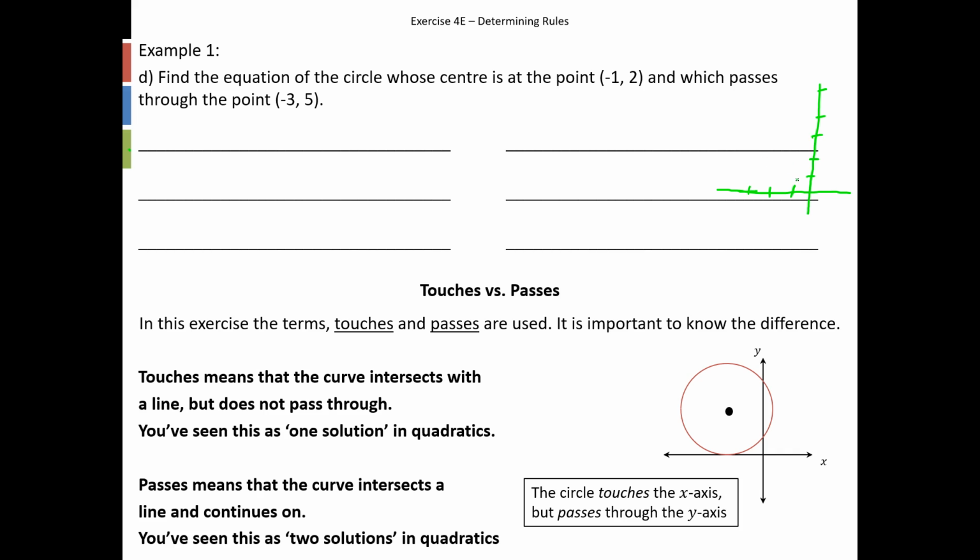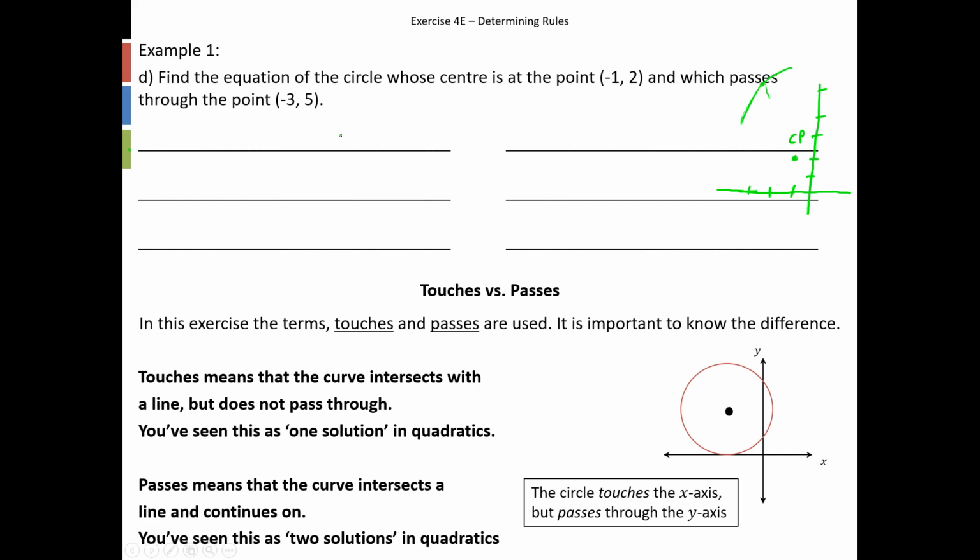So our centre point is (-1, 2), so there, and then we have (-3, 5), so about there, which it passes through. Okay, so we have this circle like that, and there's my centre point right there.